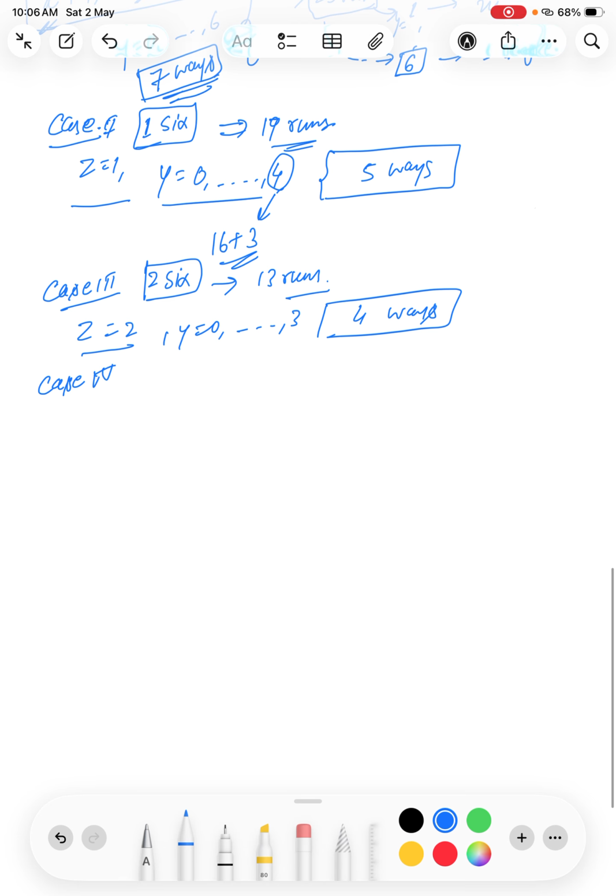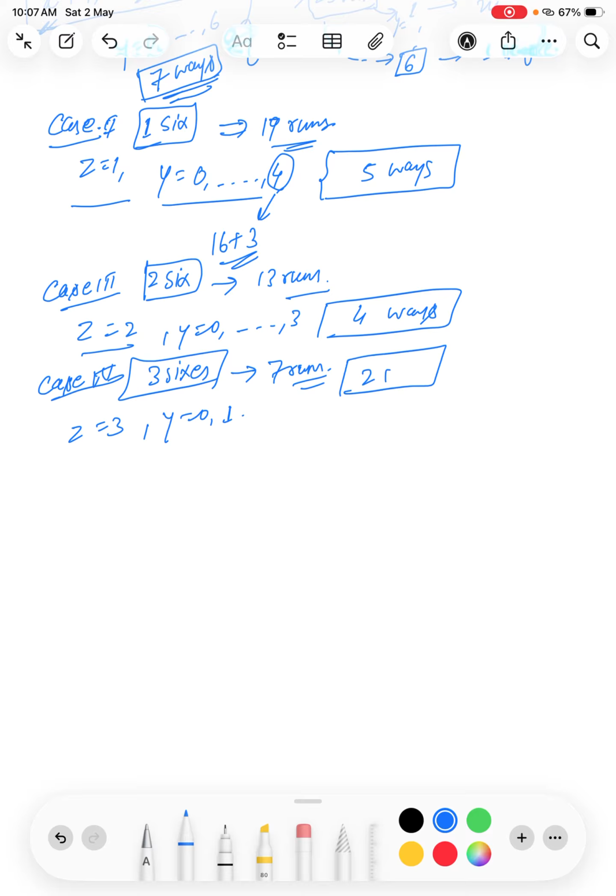Case 4, hitting 3 sixes. Z is equal to 3. You are left to score how many runs? 7 runs. Y is 0, 1, so 2 ways.